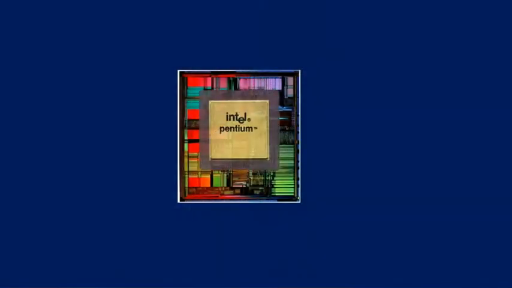So how many people remember the Pentium? Anybody out there? Anybody old enough? All right. That's about 3 million transistors. If you remember, that was a really big deal in the day because that was the first time it was a superscalar. Well, almost a superscalar.